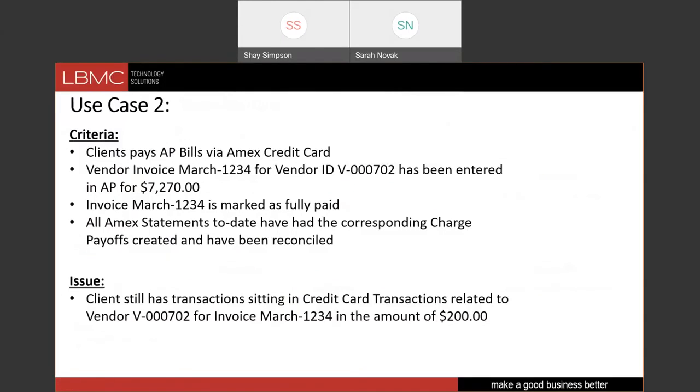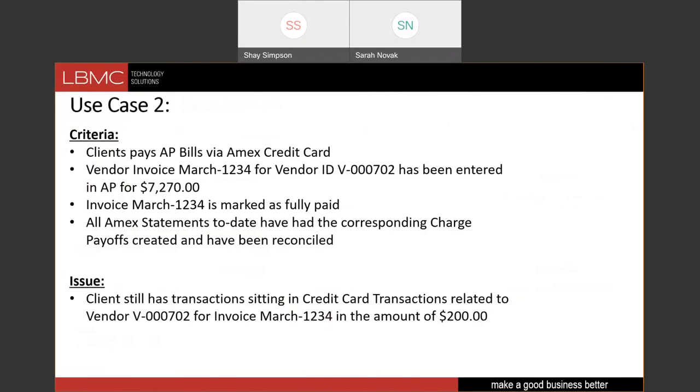It's been entered in AP for $7,270. However, when we went in and looked at it, invoice March 1234 was marked as fully paid. So it's showing that I don't owe anything to vendor 702.